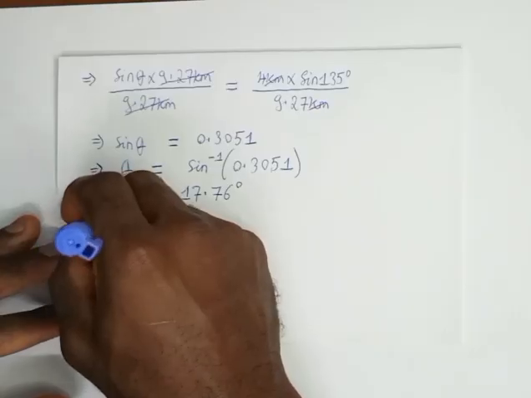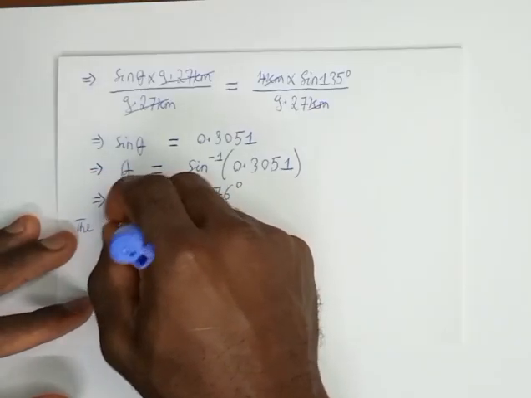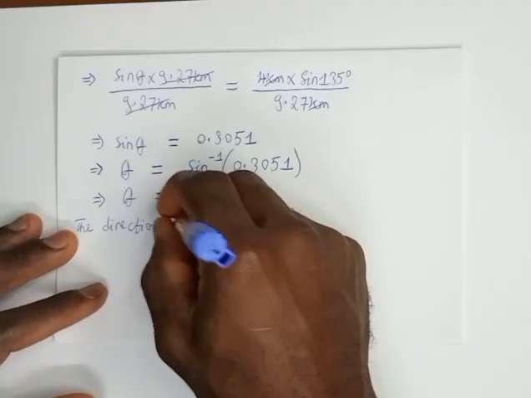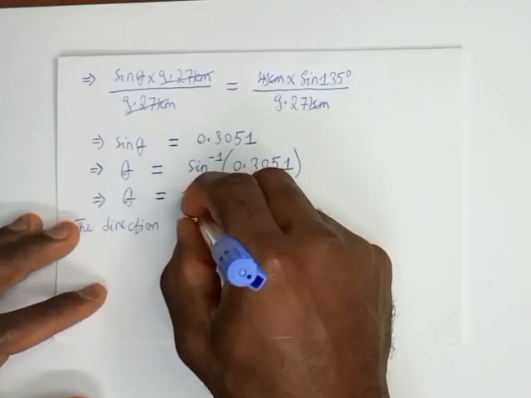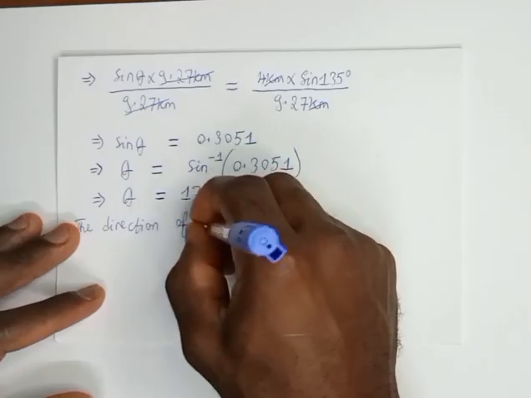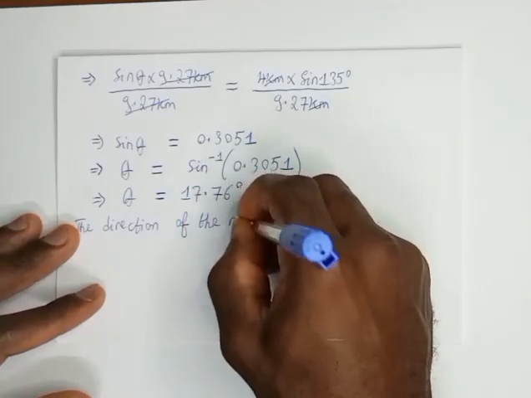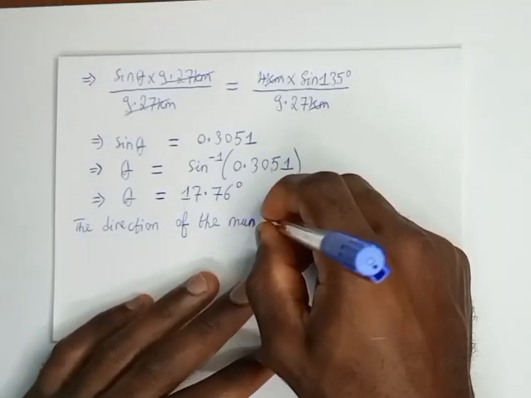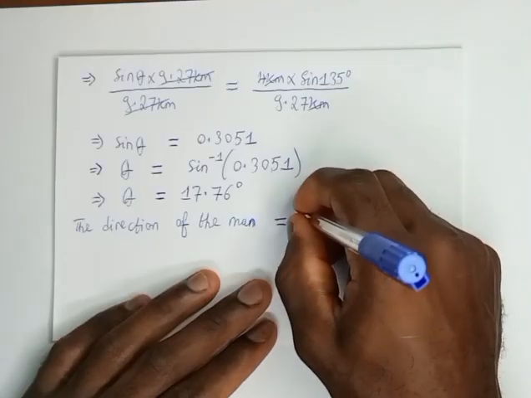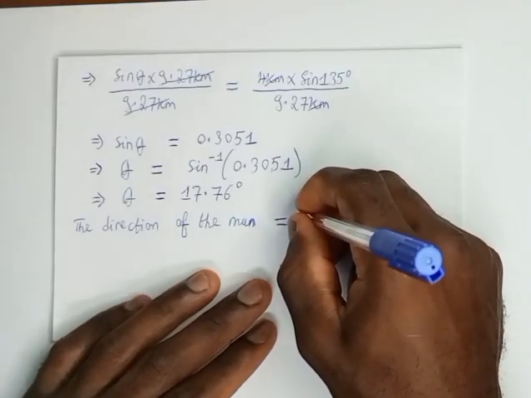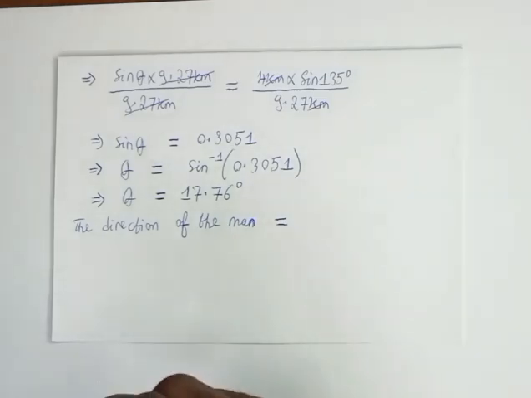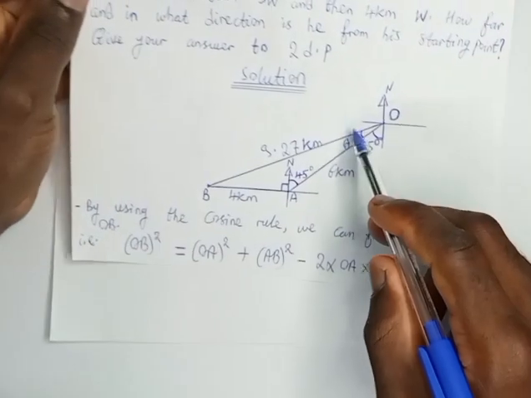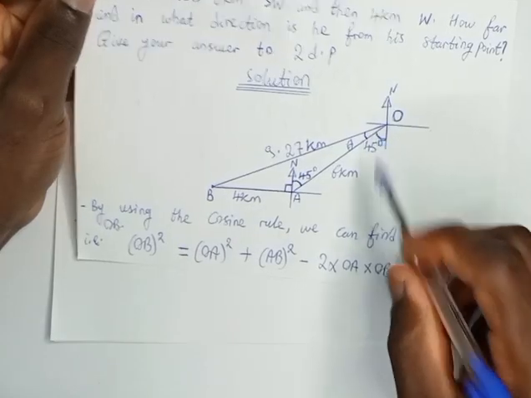The direction of the man is simply equal to theta plus 45 degrees.